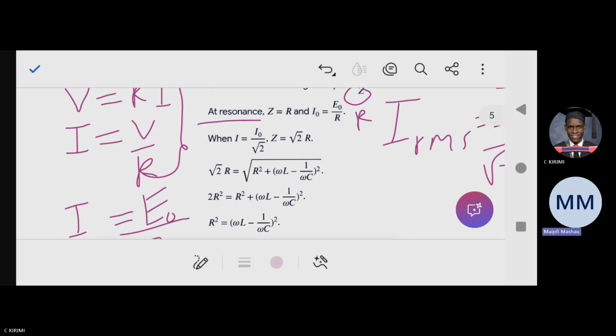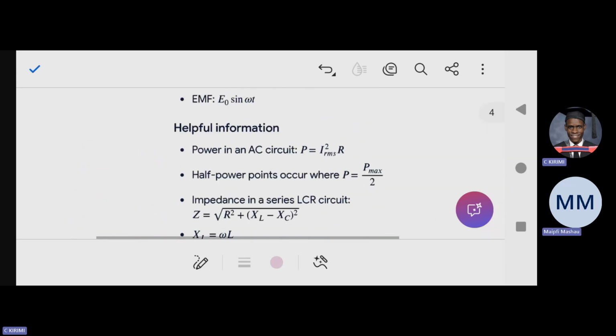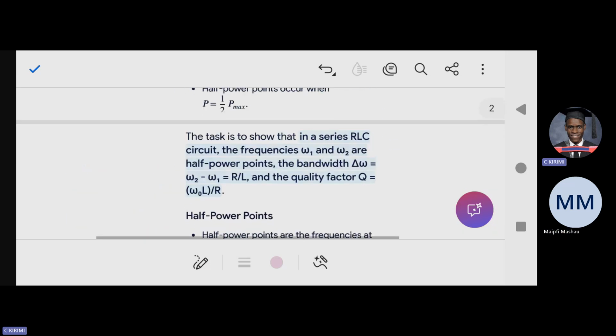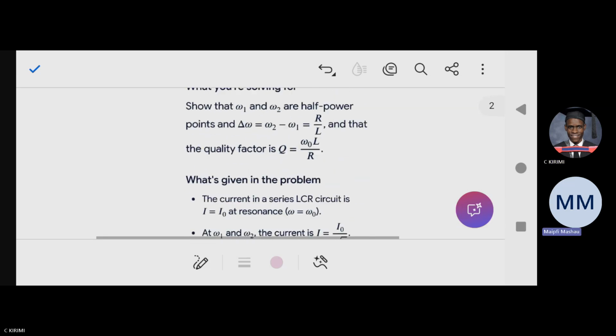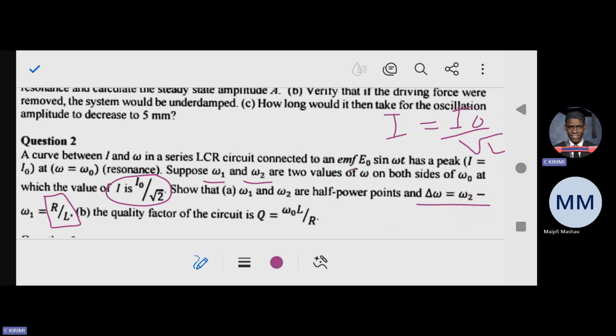So that's why you replace the voltage by E naught, which is the EMF. Because now the EMF, electromotive force, is given as a function: E naught sine omega t.